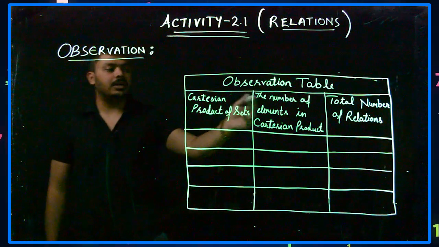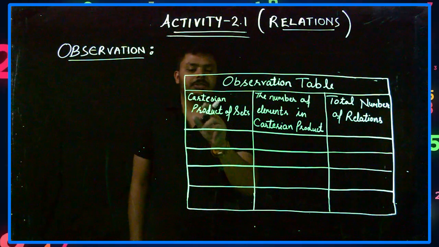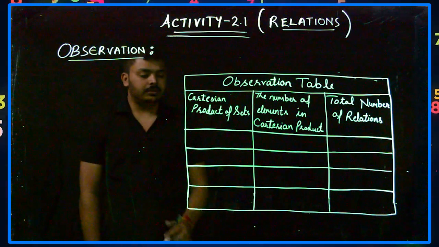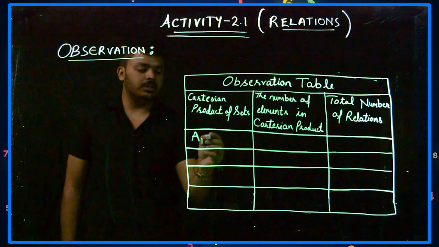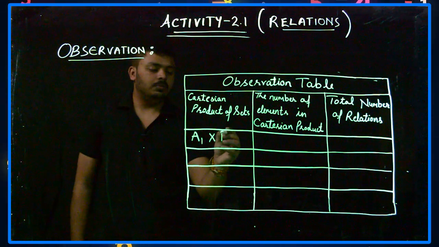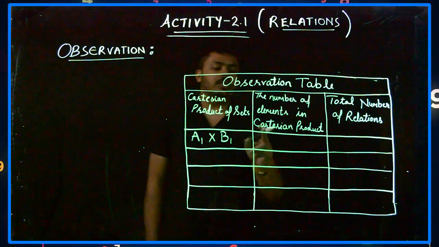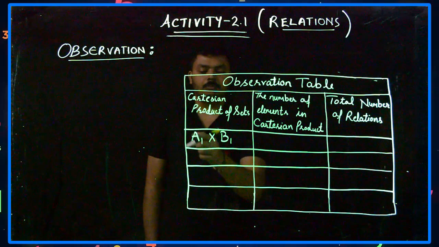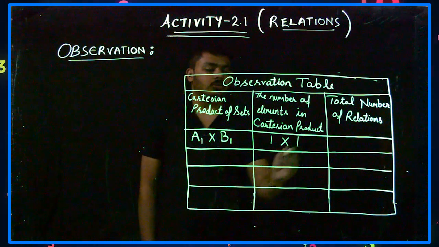So we have constructed an observation table, and the first column mentions the Cartesian product of sets. That is, our first Cartesian product was A1 into B1. The number of elements in A1 was 1 and in B1 also 1.